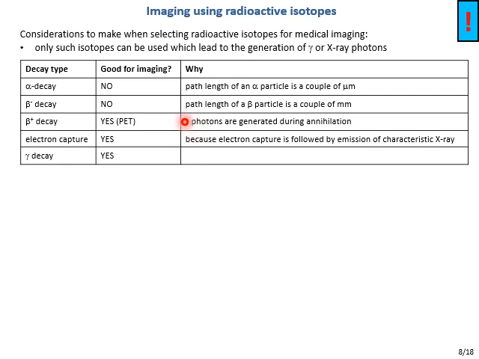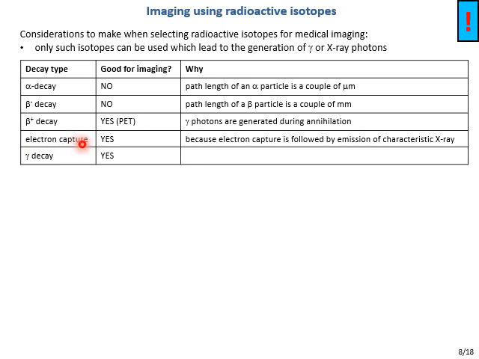And these gamma photons, so not the positron itself, which was originally emitted by the isotope, but these 2 gamma photons produced by annihilation, are actually detected in a technique called positron emission tomography, abbreviated PET.